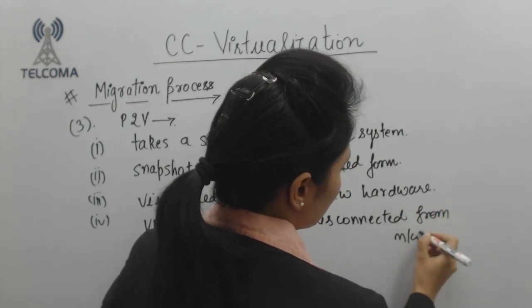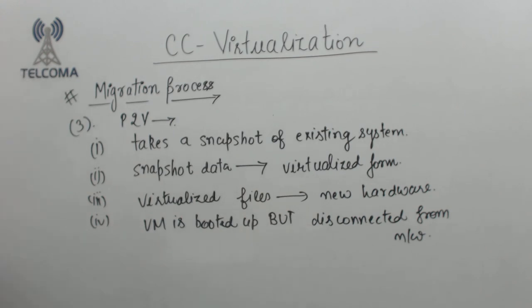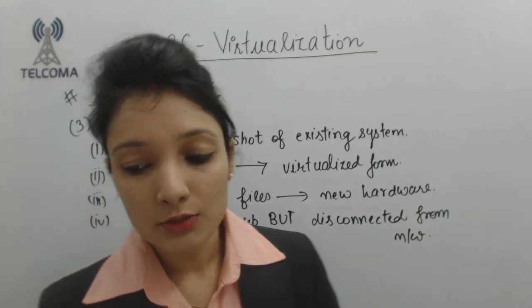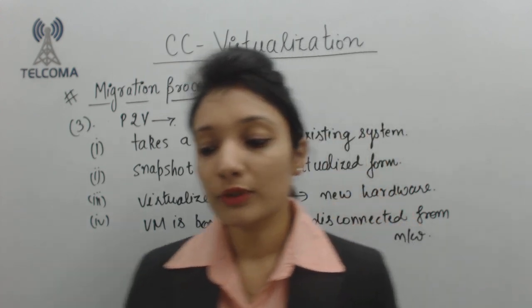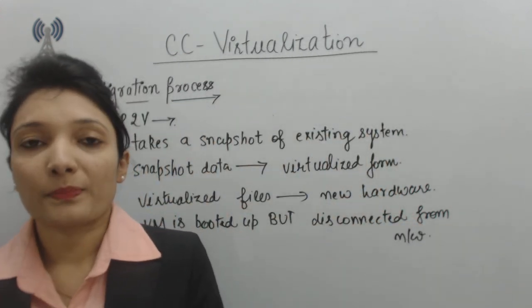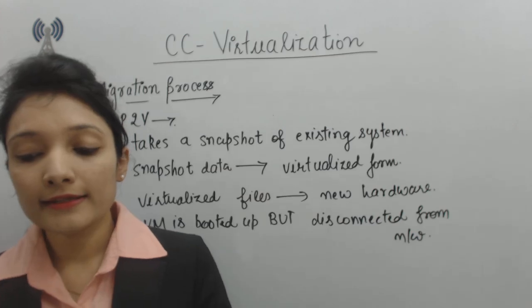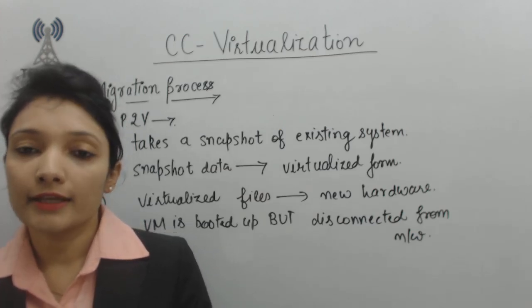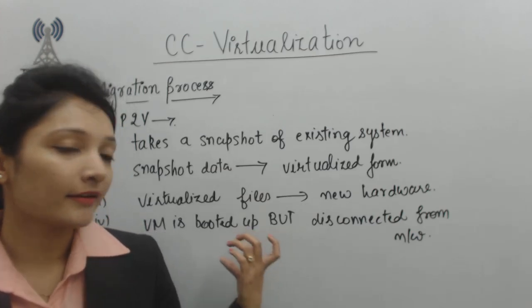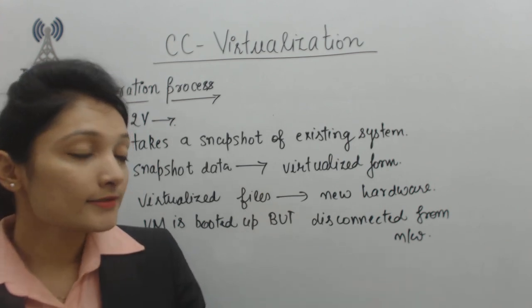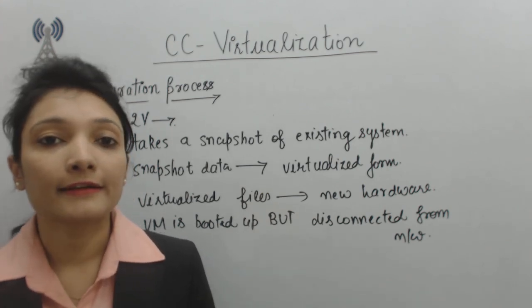After the virtual machine is booted up, what's next? Testing is done for the virtual machine. Once the testing has been successfully completed, or if there are errors, any setting or parameters that need to be changed can be changed at this time while it is disconnected from the network. We haven't connected it to the network.